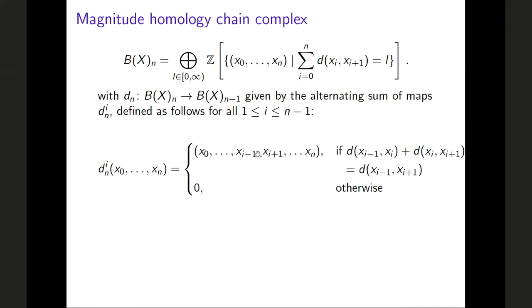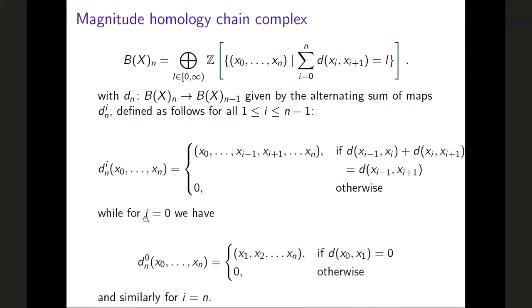So if we drop the ith entry here, we have that the sum of the pairwise distances does not change. So it is still L, and it is zero otherwise. And this is for when i is in between 1 and n minus 1, and also for i equal to 0 we define it in a similar way, and then similarly when i is n.